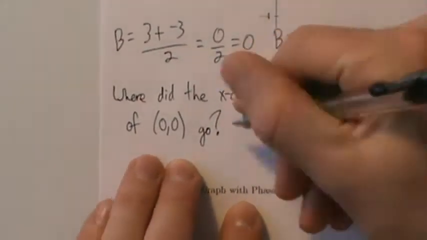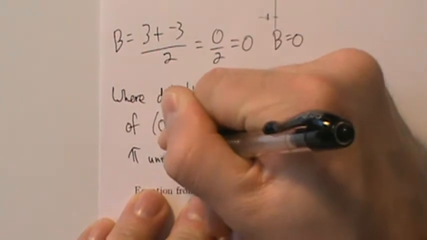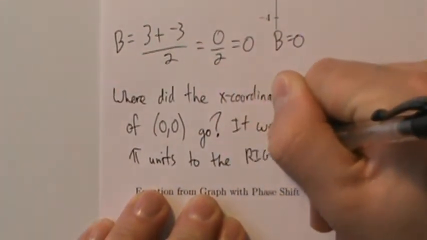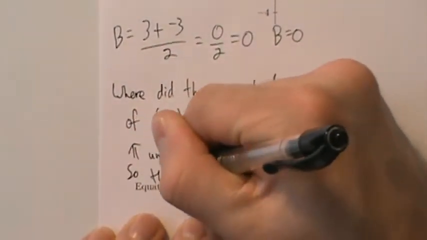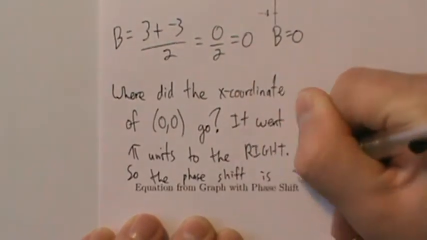Anyway, where did the x-coordinate of 0, 0 go? It went pi units to the right. So the phase shift is pi.